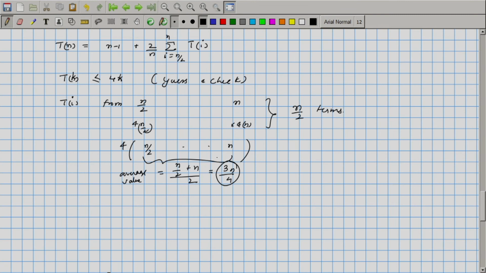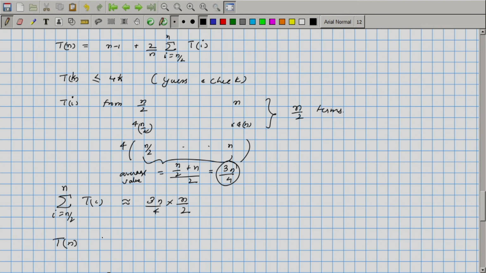So, these are n by 2 terms with an average value of 3n by 4. So, you can say that the summation of T(i), i equals n by 2 to n, is approximately equal to 3n by 4 into n by 2, because there are n by 2 terms. You can do the calculation more precisely and check it, but this itself is sufficient for us.